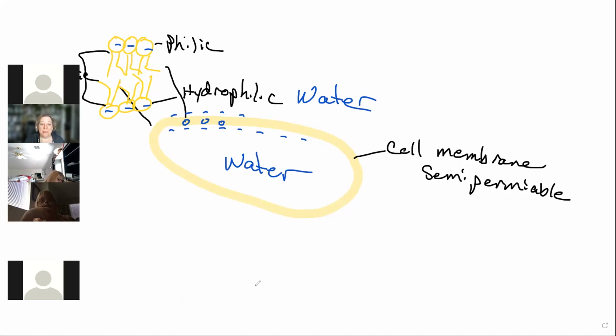Being a semi-permeable membrane, these phospholipids, just like the water and the sugar in my example, bounce against each other, so they're moving around. Sometimes they move far enough apart that water can kind of sneak on through. So water can go into a cell and it can go out because this is a semi-permeable barrier.